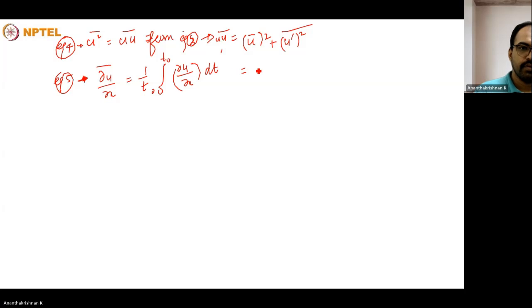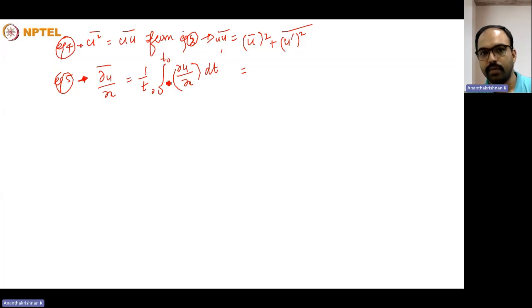So this dou by dou x term we can take outside. The integral of the derivative could be written as the derivative of the integral if the upper and the lower limits are constants.